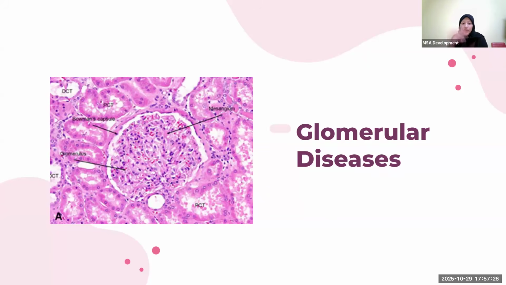What will not pass into the urine are two things: proteins, mainly albumin, and cells, so red blood cells. These are not supposed to be in the urine. And this structure, the glomerulus, helps the blood to be filtered.